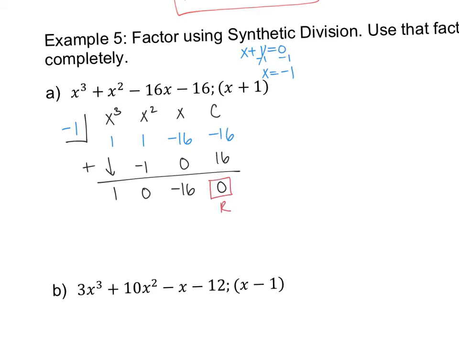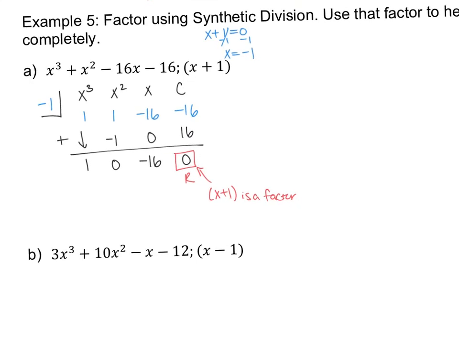So that means x plus 1 is a factor. So to the side here, let's write out all the factors that we know. So we know that this here is going to end up being our constant, our x to the first, x to the second.